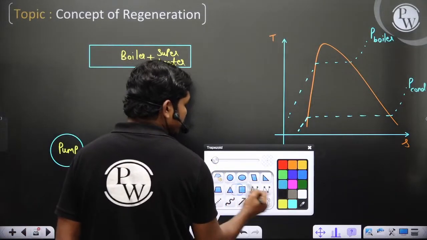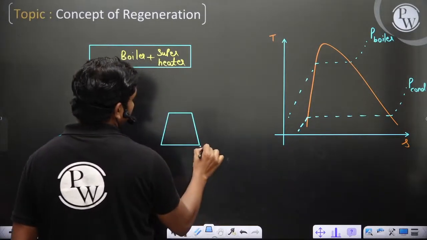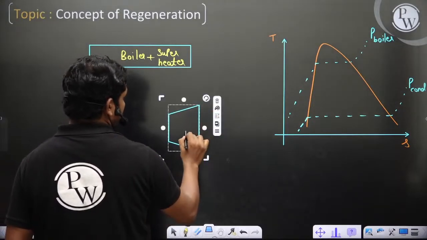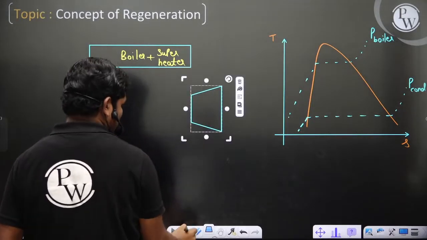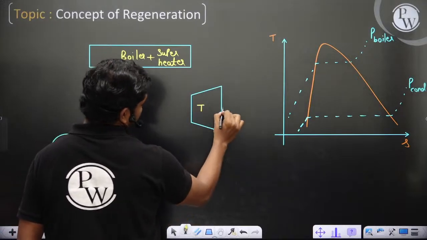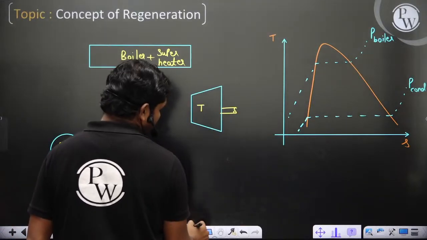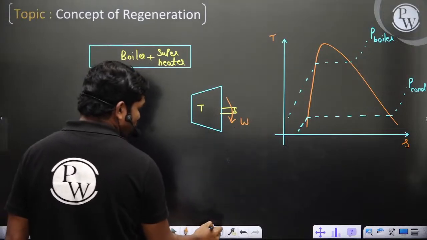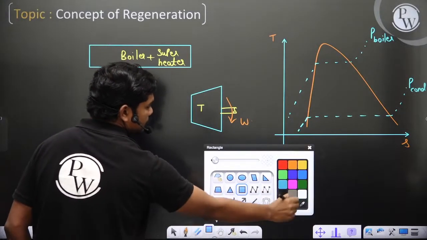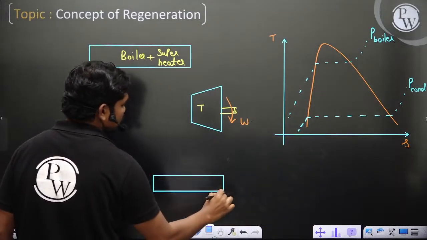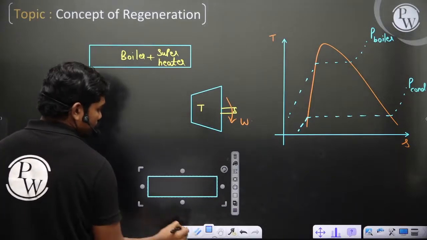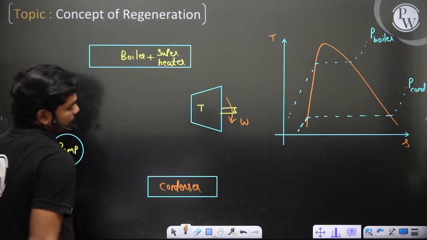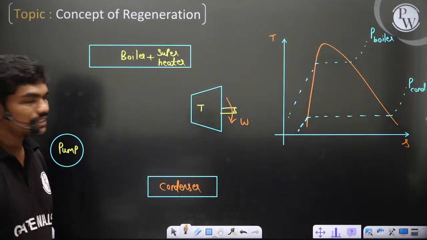Then there is some turbine, which actually generates some work output, and you also have a condenser practically. Okay, so you also have a condenser like this. Now these are the normal static devices which you have.